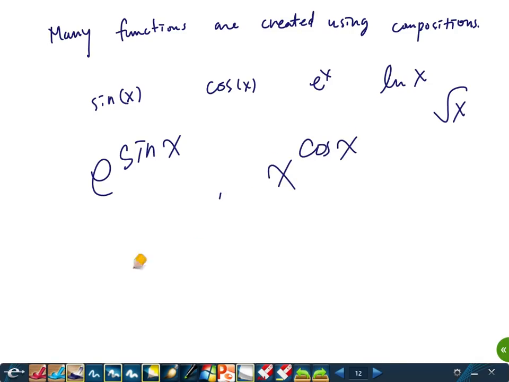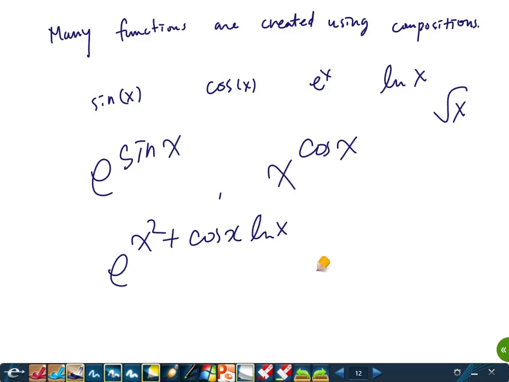We can make many things, e to the x squared plus cosine x log x, something like that. These are all created by compositions. That's why it's very important.